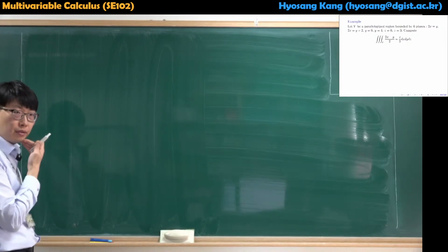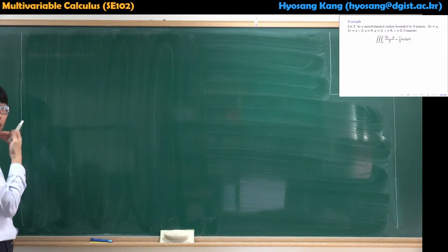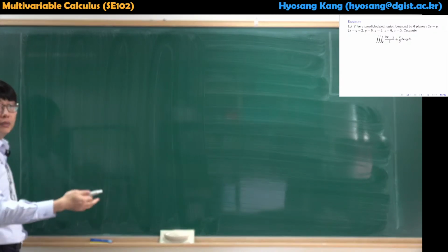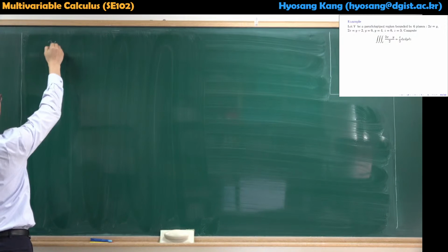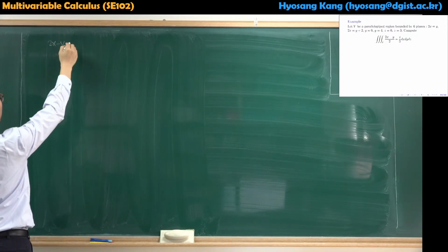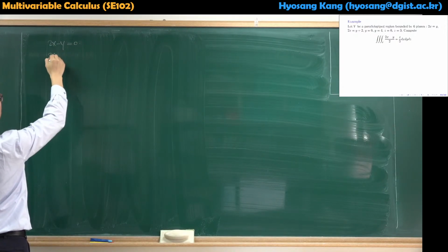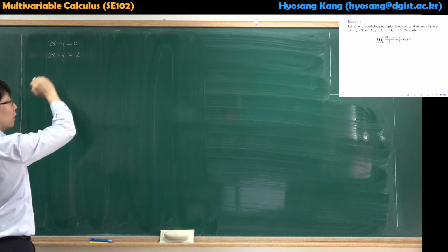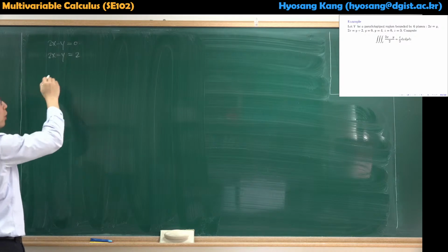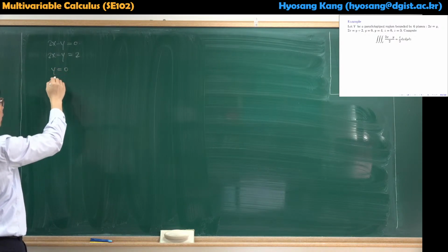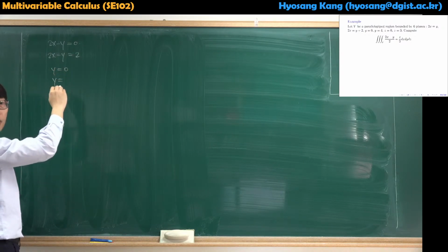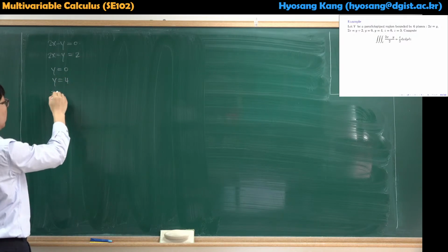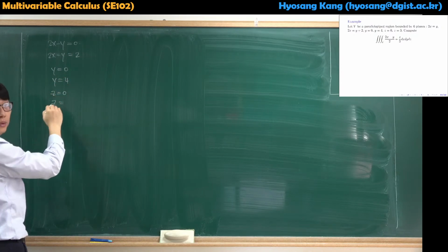So let's try to write our 6 boundaries this way: 2x minus y equals 0, and 2x minus y equals 2, and y equals 0, and y equals 4, and z equals 0, and z equals 3.